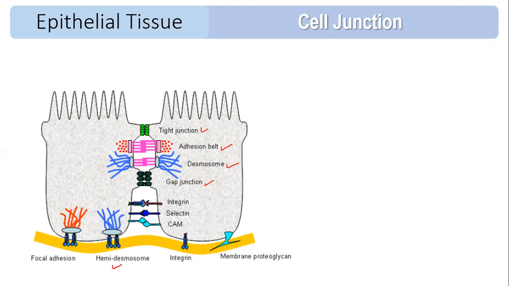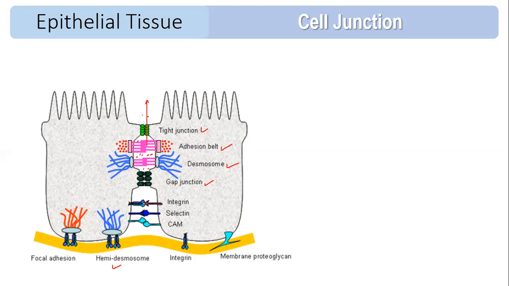Okay, and suppose some molecule gets diffused here; you can see there is a fine gap between the cells. If some molecule or protein is diffused here, that molecule should not come out, right?